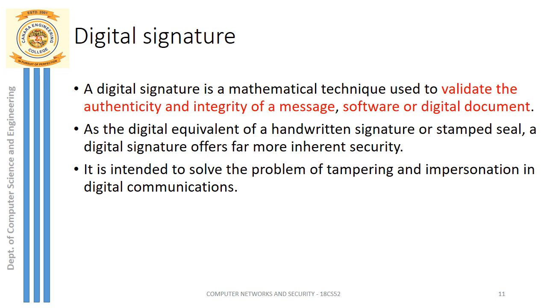So usually digital signature is intended to solve the problem of tampering and impersonation in digital communication. So overall we can say that a digital signature usually verifies the actual sender and the integrity of the message or a software or digital document.